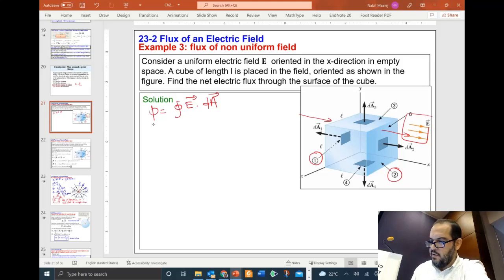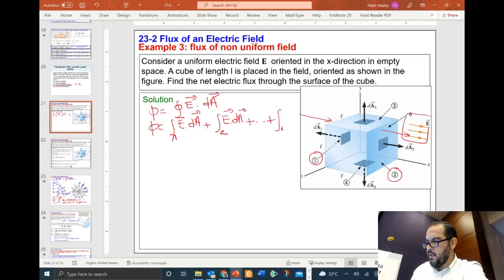So this flux here is going to be the integral of E dotted with dA over area 1, plus the integral of E, let me use the vector notation, E dotted with dA for area 2, plus, and we will continue this until we reach area number 6, E dotted with dA.